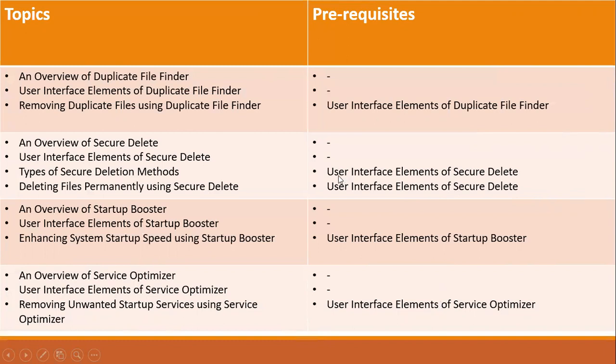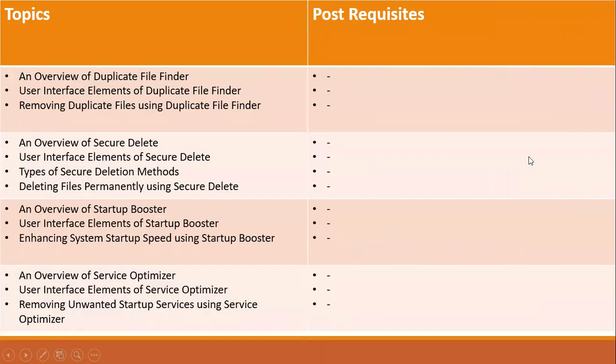Just an additional topic over here is deleting permanent files, because there are 2 procedures over here. So we have just linked the same topic twice for these 2. Okay, so after prerequisites, we move on to post-requisites. Since this particular example did not require any post-requisites, we have not added any over here.